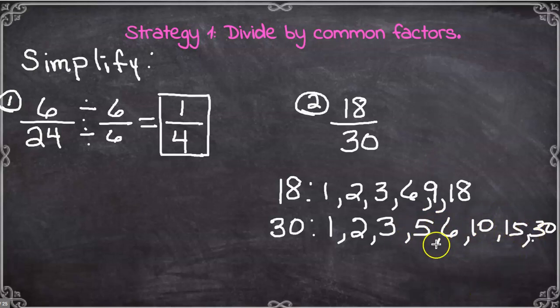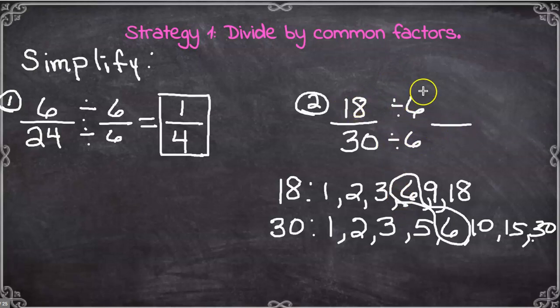So I can do it this way. I can find the greatest common factor, which is going to be 6, and then I can divide by that number. 18 divided by 6 is 3. 30 divided by 6 is 5.